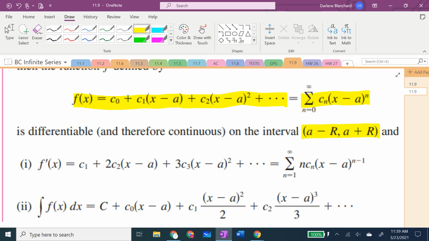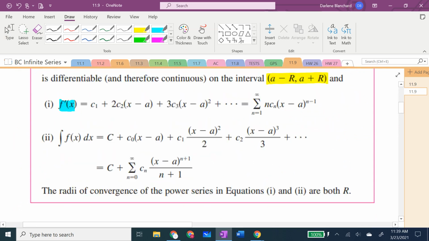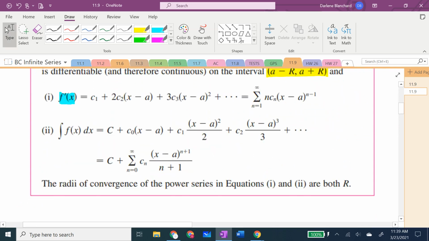Now, you know how to take the derivative, but what I haven't mentioned is the issue of interval of convergence. What you need to know is when you take the derivative, the center of the power series will not change.